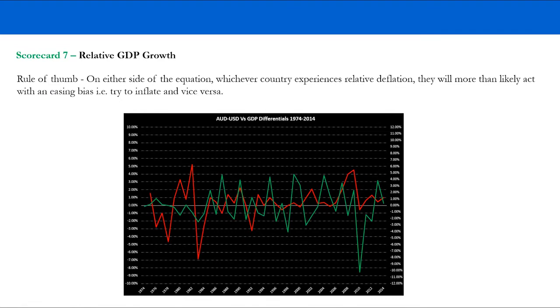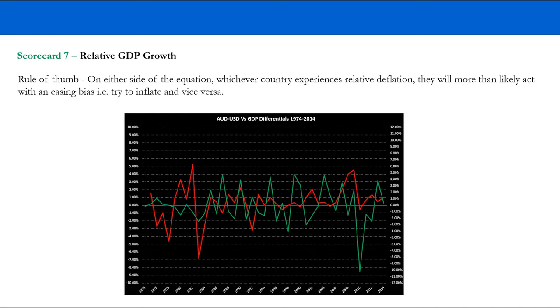So just a quick rule of thumb to summarize on the expectations and moves of our bias. The rule of thumb here is on either side of the equation, whichever country experiences relative deflation, what's likely to happen is that the central authorities will act with an easing bias, so try to inflate, and vice versa.